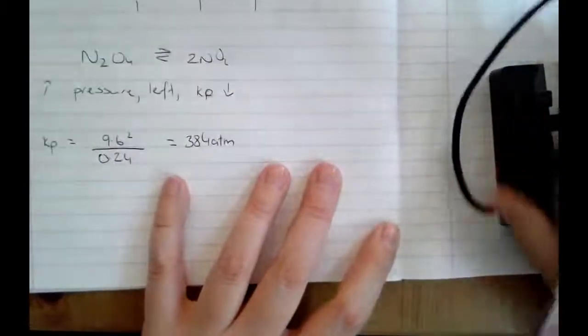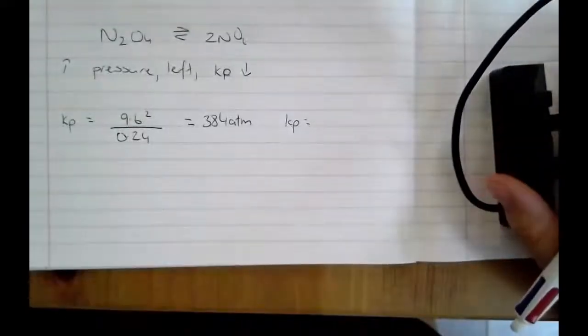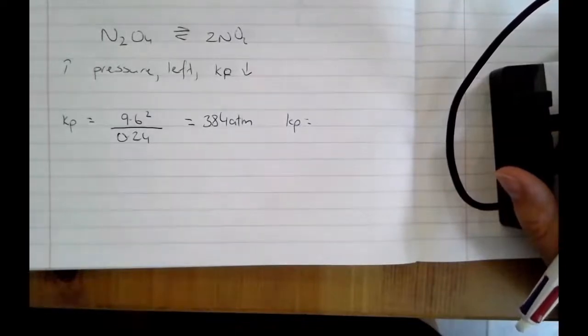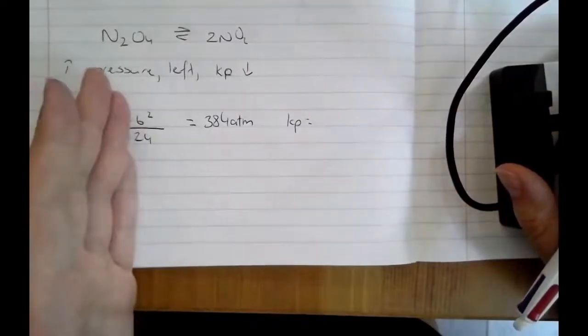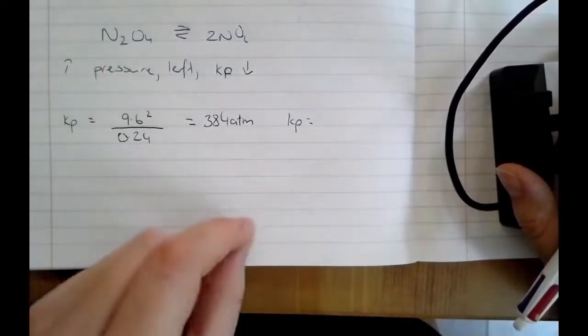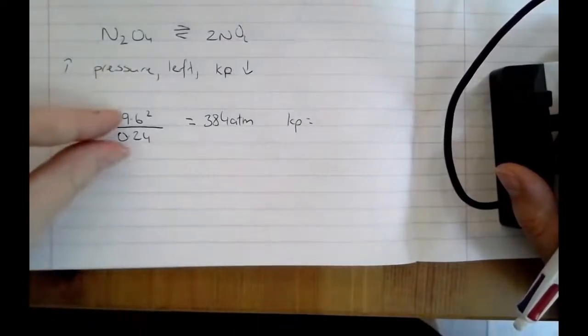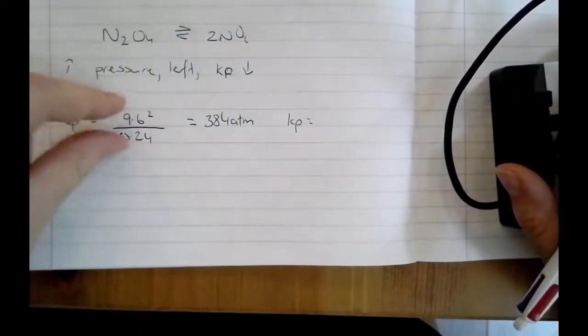If I increase the pressure, if you think back to how you work out partial pressures, you take the mole fraction, you multiply by the total pressure, and you get partial pressure. So if I increase that total pressure, I'm going to increase the partial pressures for both reactants and products.